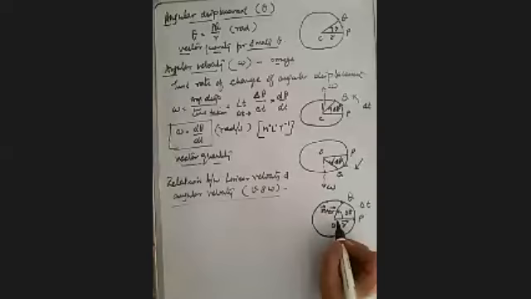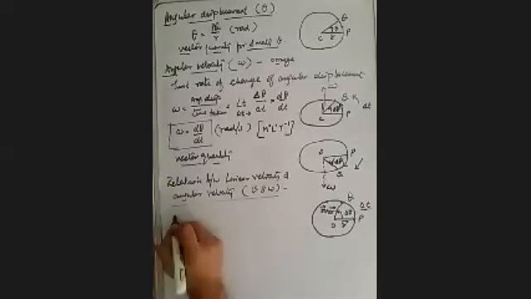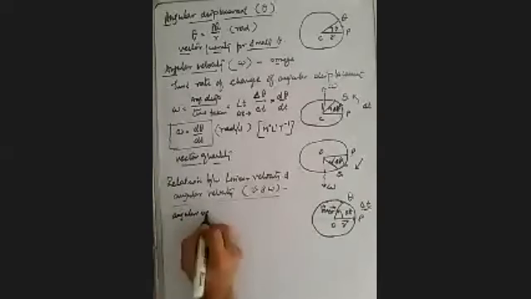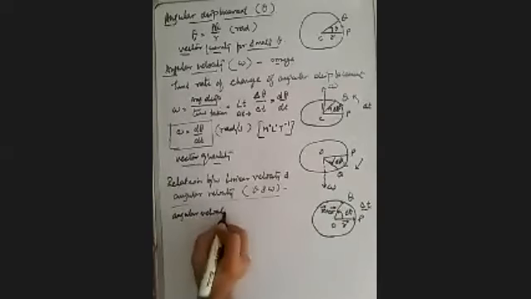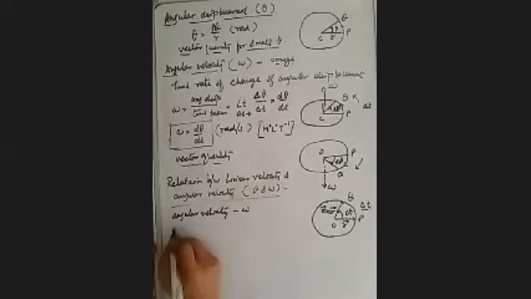So the position of the particle when it is at P is given by the vector r. Position is given by r plus delta r vector when it is at Q. In time delta t, it has taken an angular displacement delta theta. And let us say its angular velocity is omega, and the particle is moving with linear speed v.